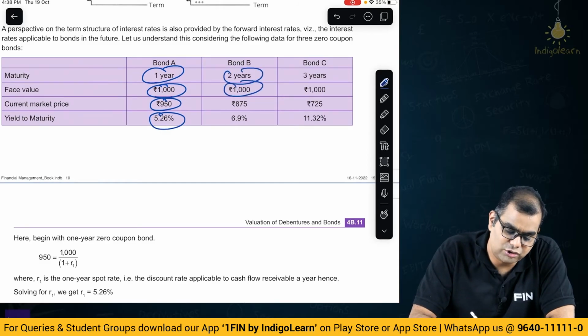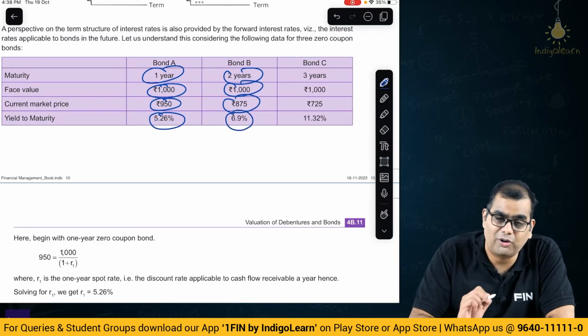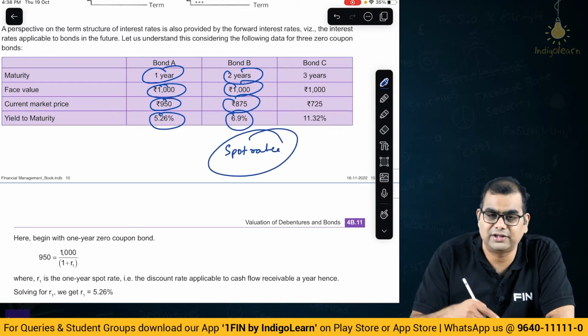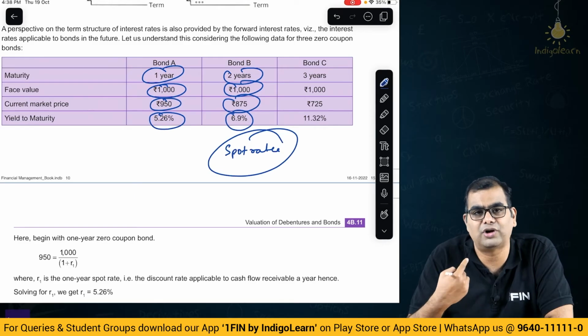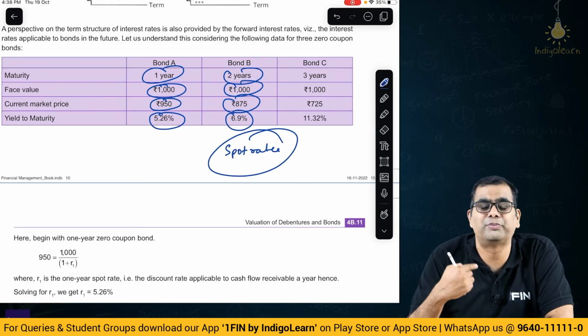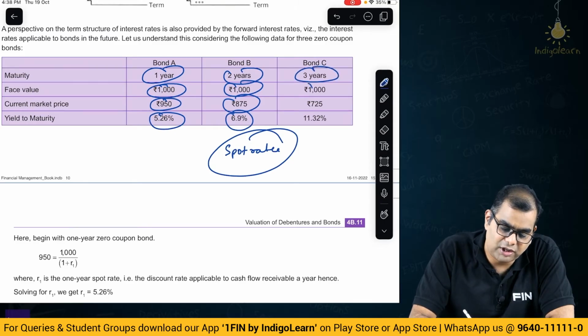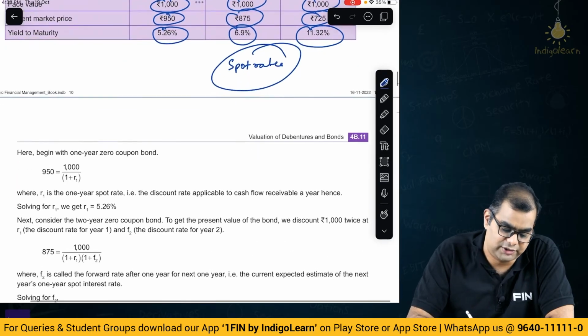A 2 year bond, 1000 rupees face value, current market price is 875, YTM is 6.9. What is YTM? YTM is basically the spot rate, the rate that you will ask if someone wants to borrow from you for a 2 year period. Then a 3 year bond, 1000 rupees, current market price 725 and yield to maturity 11.32.